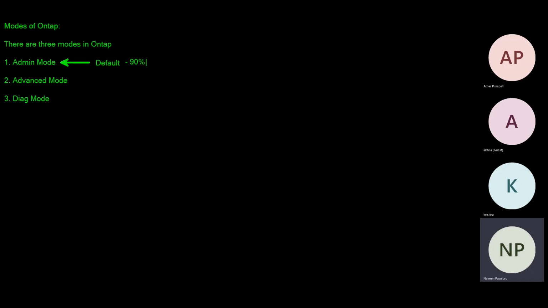For example, if you want to do some advanced configuration which you can't do from admin mode, in order to do them, you need to log into the advanced mode. And there are some configurations you can't do even from advanced mode. For them, you need to log into the diagnostic mode.